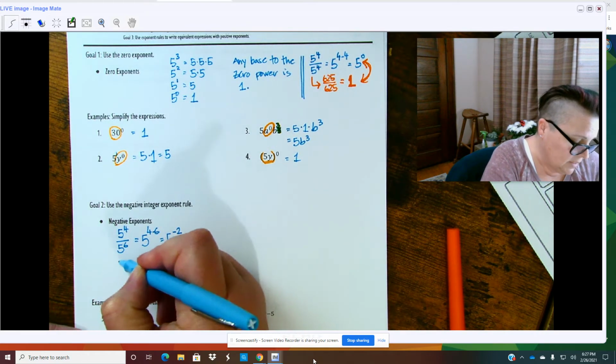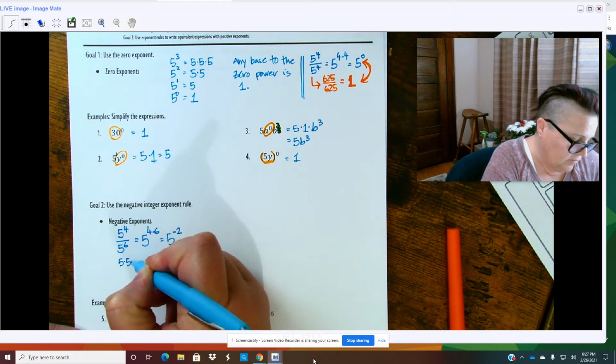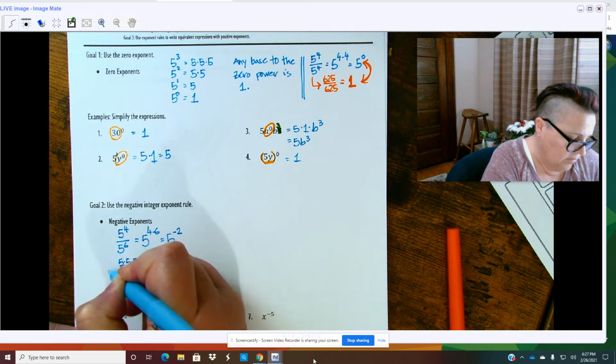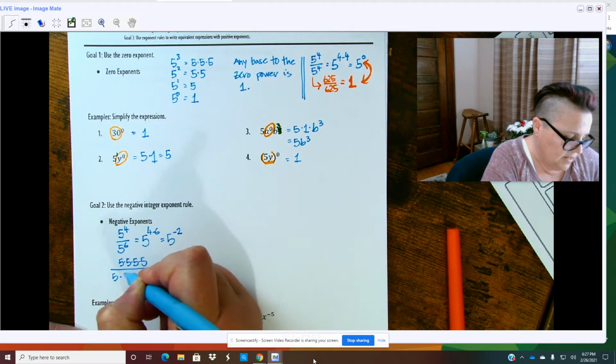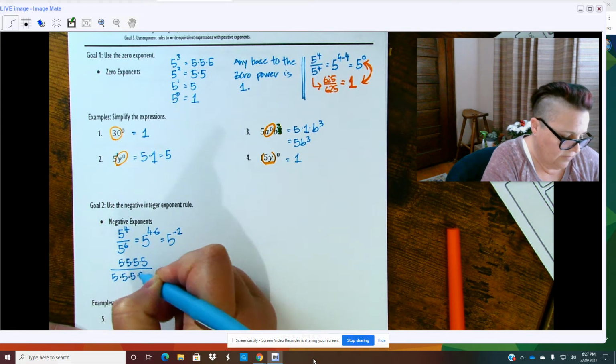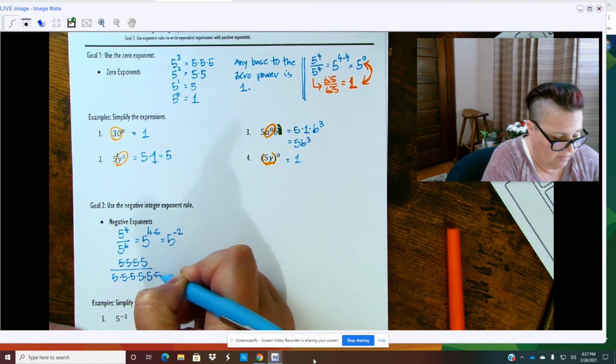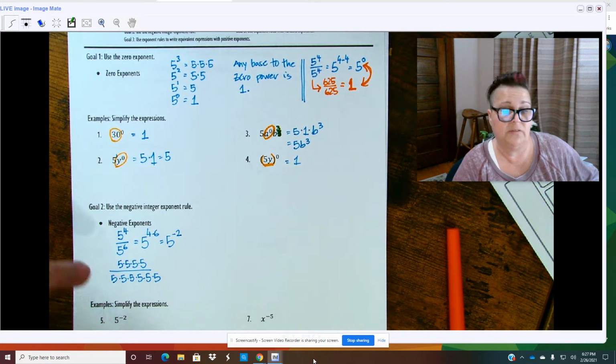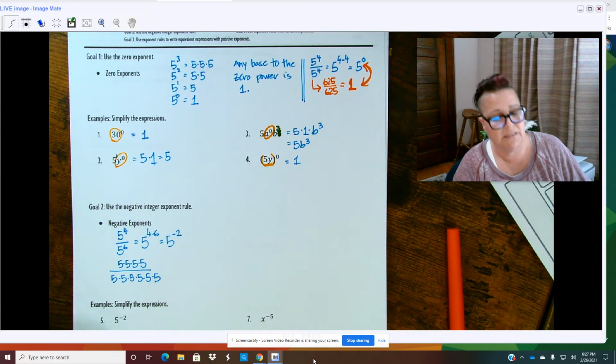But if I go back to the old school, 5 times 5 times 5 times 5 over 5 times 5 times 5 times 5 times 5 times 5. 5 to the 4th is 4 of them. 5 to the 6th is 6 of them.